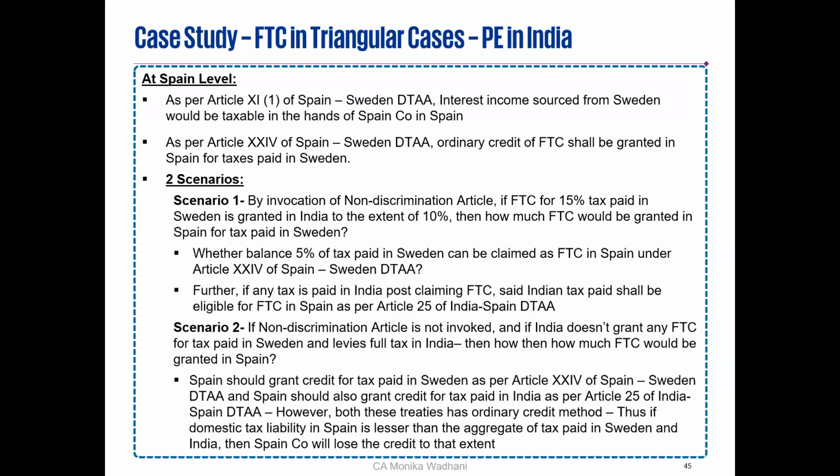So one will have to compute whether the actual amount of tax in India is higher than that 10% credit which may be allowed in India. If yes, then that excess tax which India will levy even after granting FTC for taxes paid in Sweden should again be eligible for credit at the Spain level.